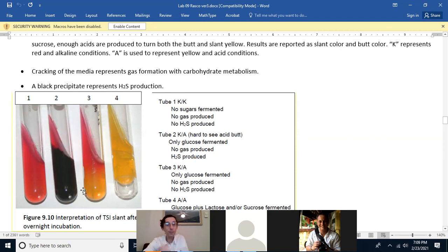All right, so let's move on to the third tube. We note that it is yellow in the butt, but pink on the slant.